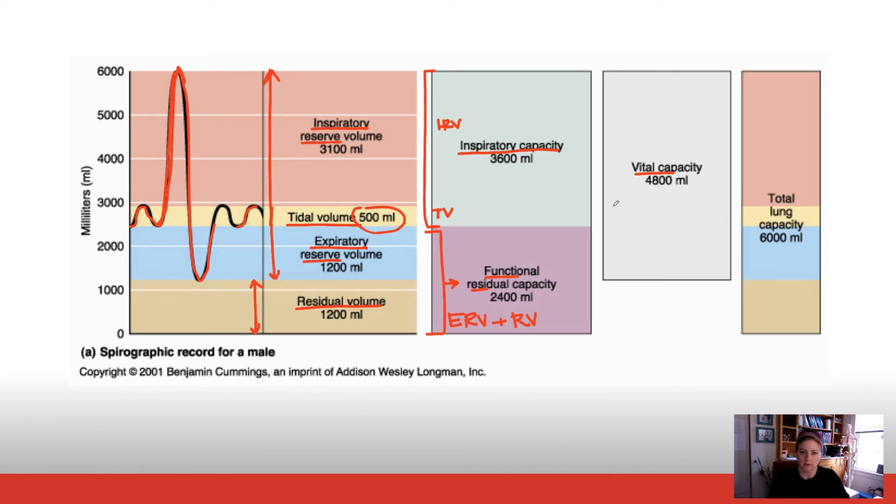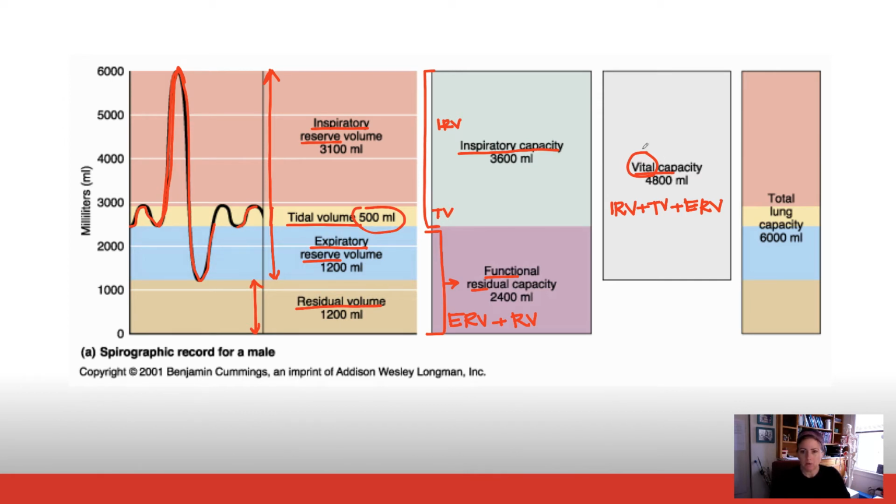So vital capacity is going to be equal to inspiratory reserve volume plus tidal volume plus expiratory reserve volume. Okay? So again, vital capacity is going to be all of the air that we have access to. We can use it all if we needed it.